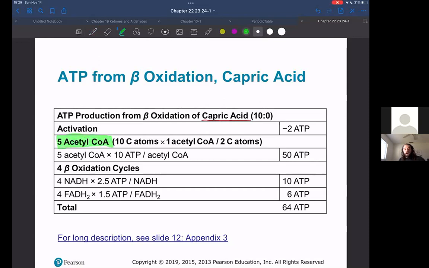Going through the citric acid cycle and through the electron transport chain will generate 10 ATPs per acetyl-CoA. All right, so acetyl-CoA going through the citric acid cycle and then the electron transport chain, you get 10 ATPs per acetyl-CoA.